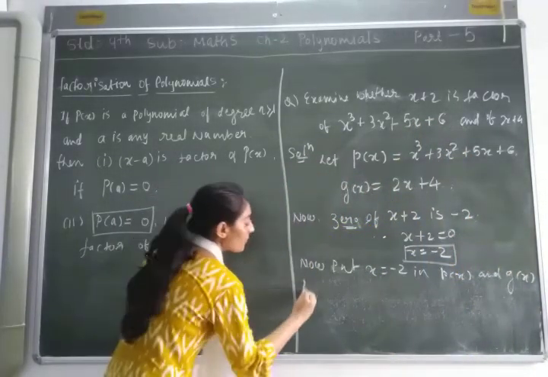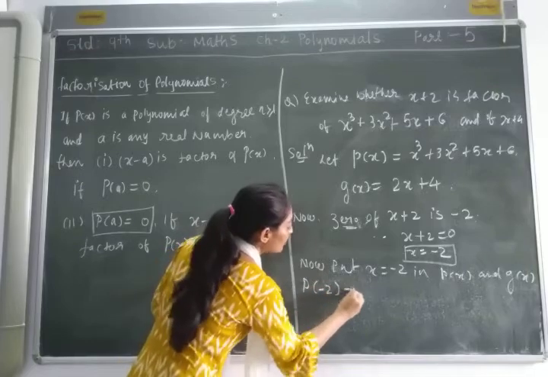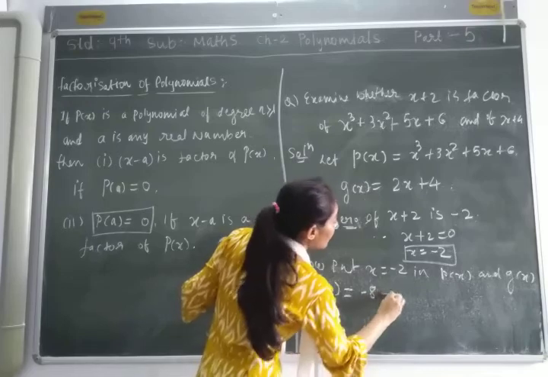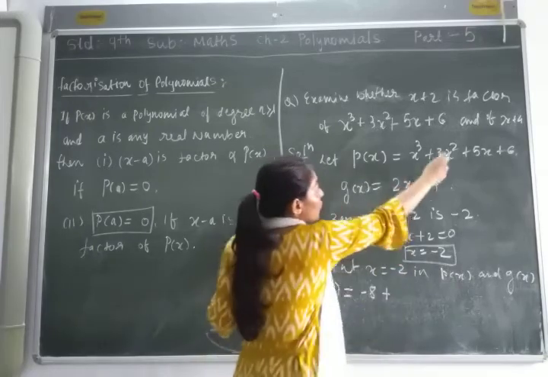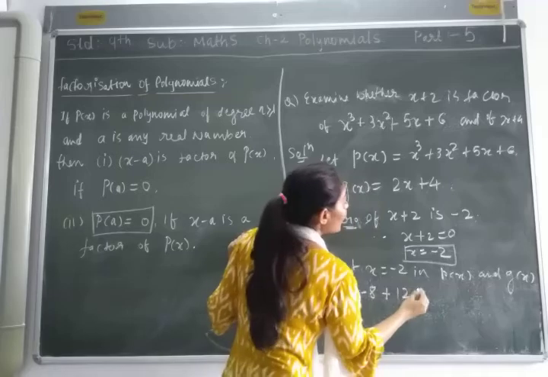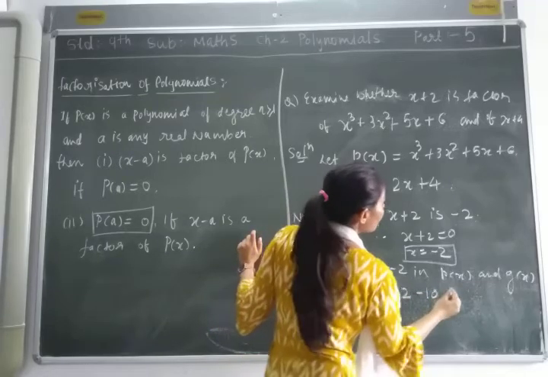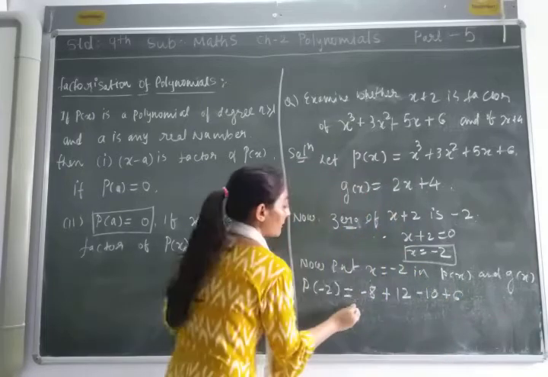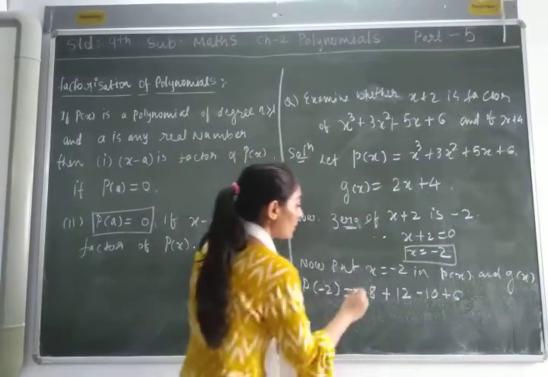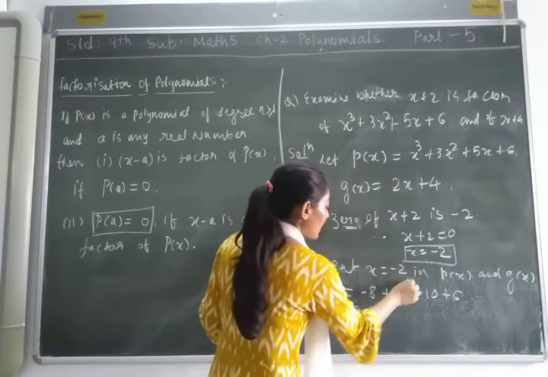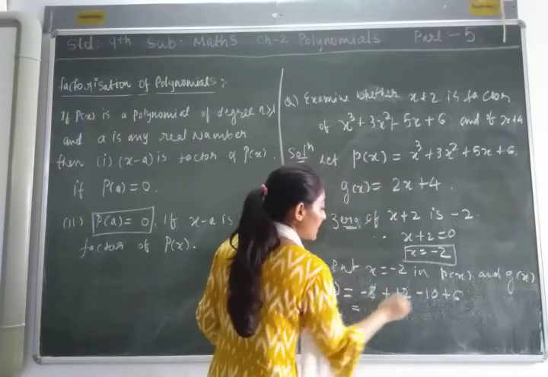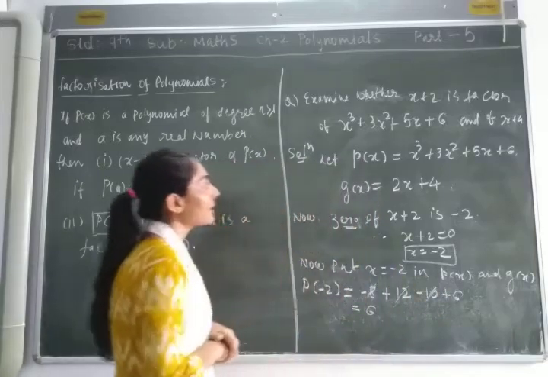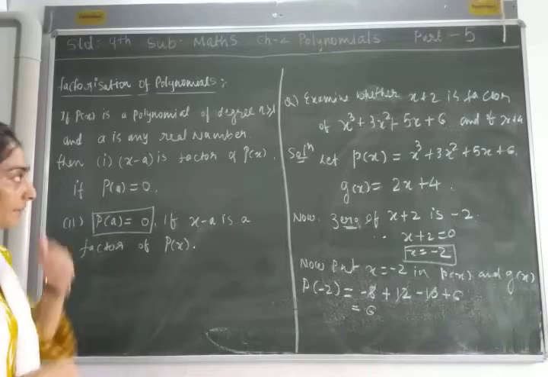So p of minus 2, I'm replacing minus 2. So minus 8 plus 12 minus 10 plus 6. Now what I'm getting over here is plus 10, minus 10 and plus 6, and what is left is plus 6.